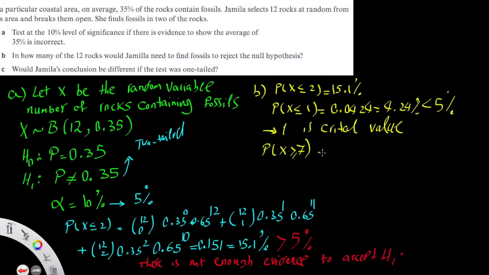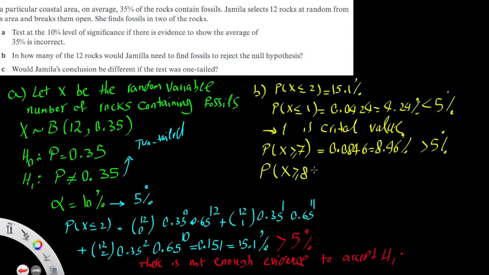It's a matter of trial and error. So the probability of X greater than or equal to 7 will be 0.0846, which is 8.46%. Which is greater than 5%, so it means that it is in the acceptance region.